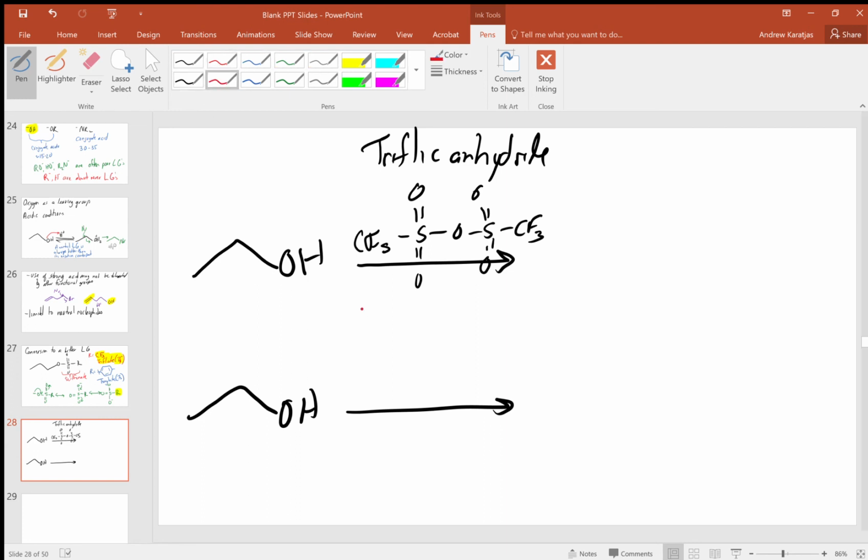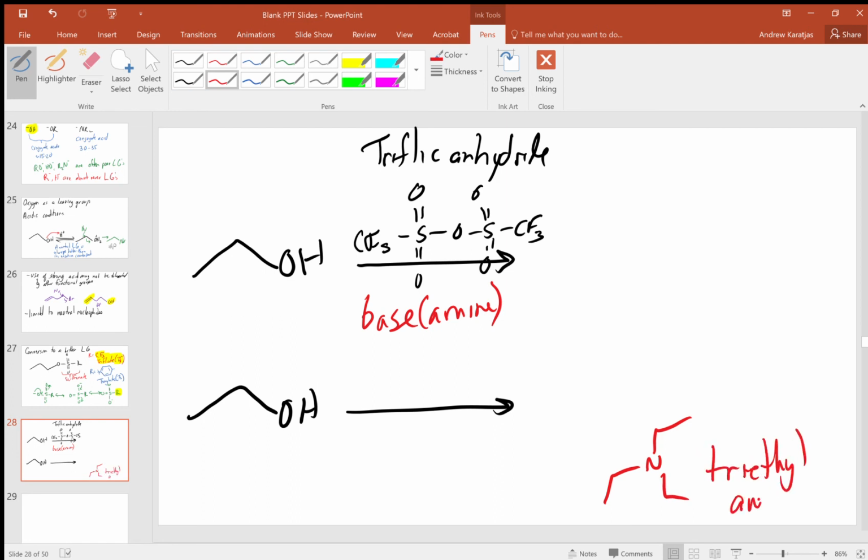And then you need a base. And these are usually amine bases that you use in the reaction. Things like triethylamine is a common example. You don't need a very strong base in these reactions. And as a result in this reaction, it will convert your alcohol into a triflate, and that triflate can be substituted very, very easily.